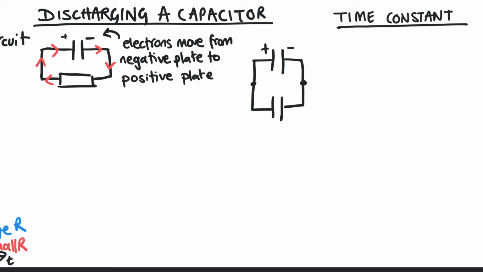What's going to happen here is electrons are going to move from that negative plate towards the capacitor here at the bottom, and they're going to gather on this first plate, which means this plate will also become negatively charged and the other side will be positively charged. And that will continue to happen until there is no potential difference between the two plates.